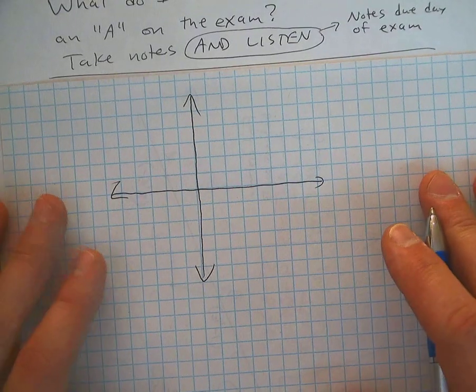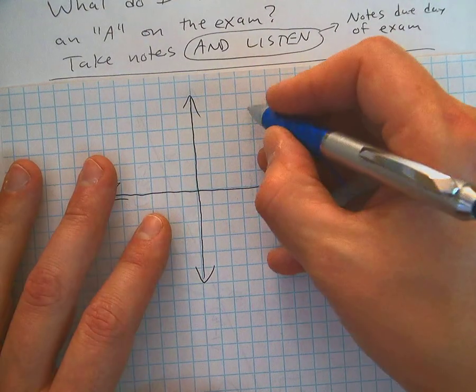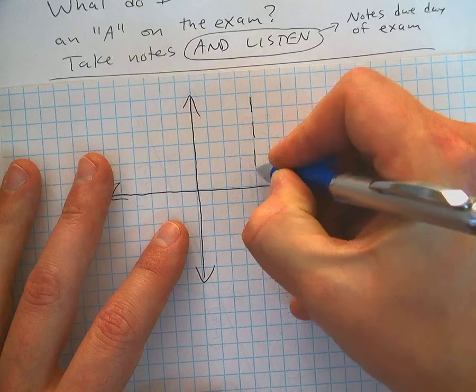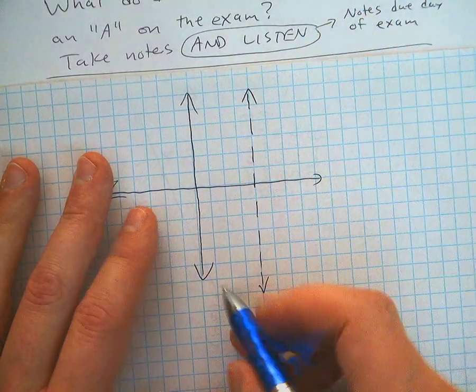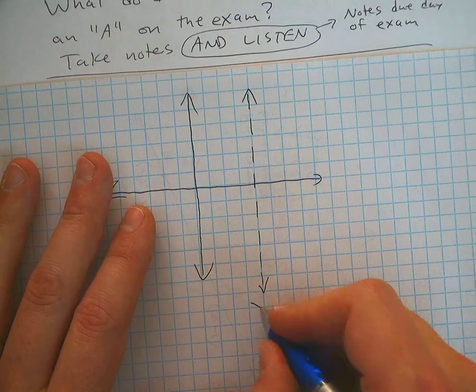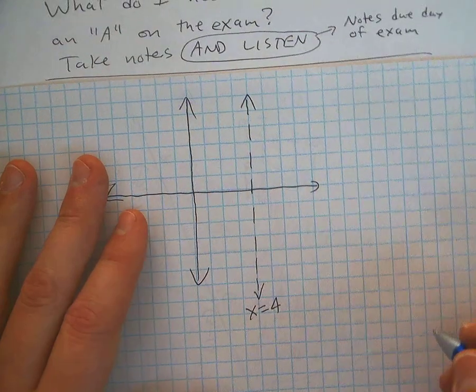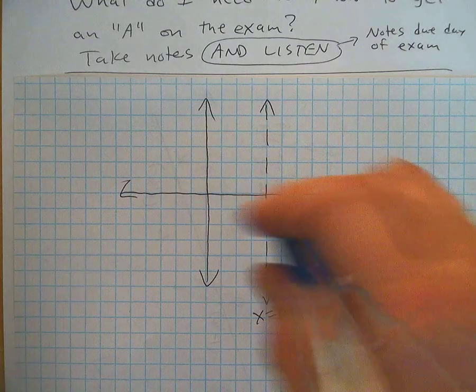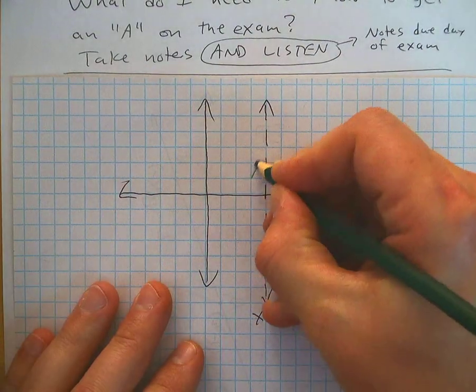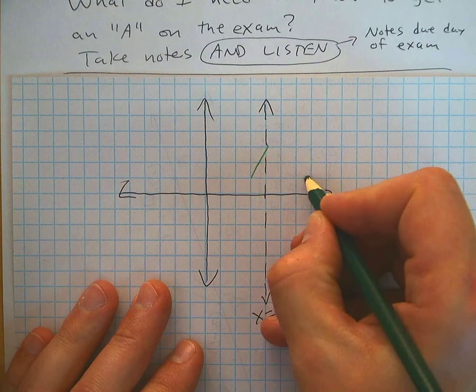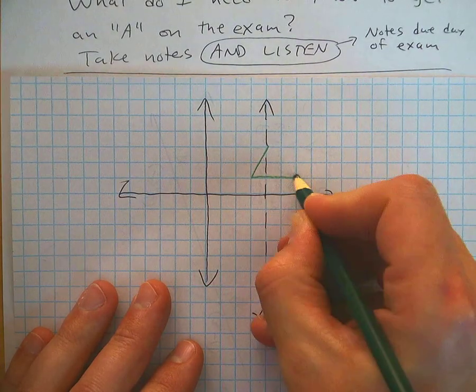Let's say I have a line that I'm reflecting over that looks like this. This is the line x equals 4. And let's say I have a shape, we'll say it's a triangle, that is overlapping like this.